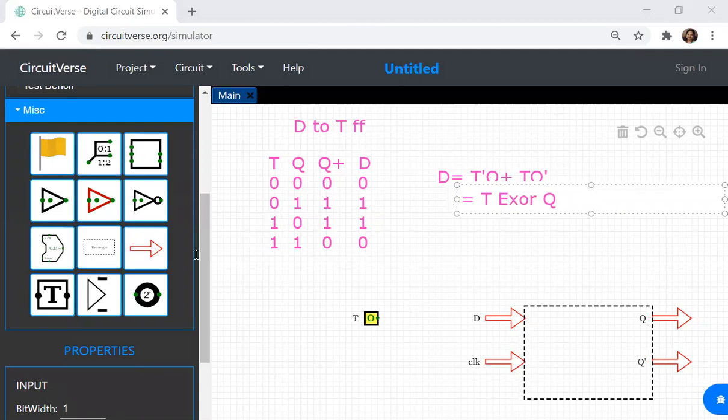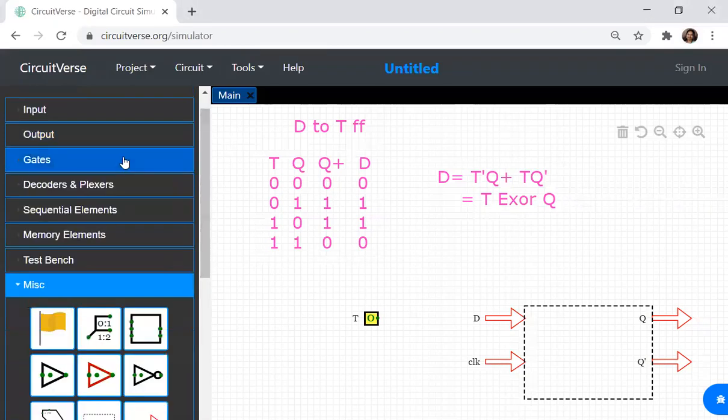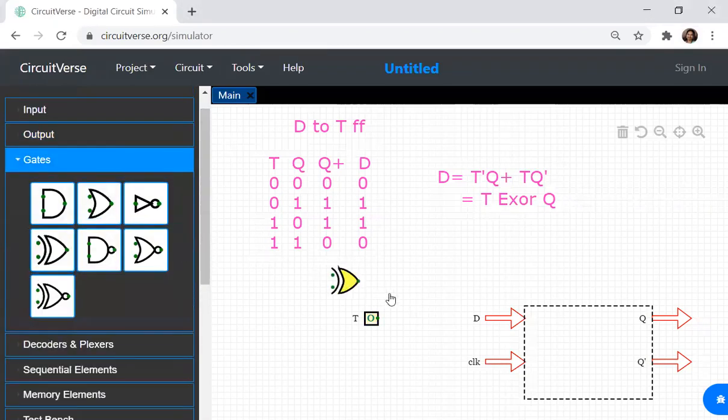So I will use an XOR gate, or you can use AND gates and also get the figure. It's okay, I'll use an XOR gate. One input to my XOR is T. The other input to my XOR is Q, giving T XOR Q. And this goes to the D because D is equal to this value.